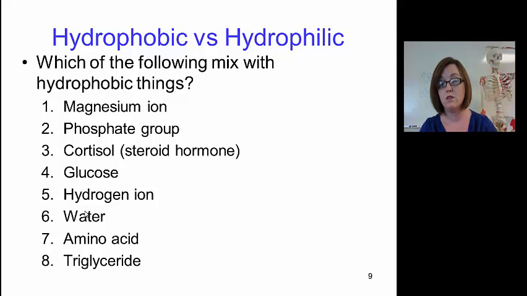I will say that there are some amino acids that have a variable group that are hydrophobic. That's something that we don't want to get into. In general, we're going to say that amino acids are hydrophilic. So if they're hydrophilic, they won't mix with something that's hydrophobic. Then we have triglycerides. Triglycerides are a lipid. Since they're a lipid, they are hydrophobic, and they will mix with other hydrophobic things.